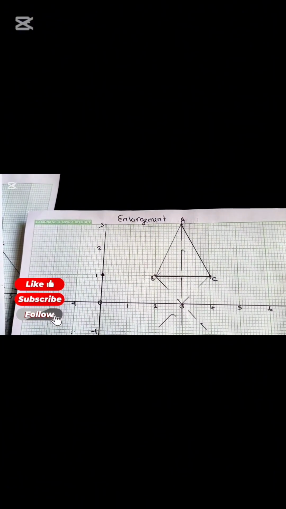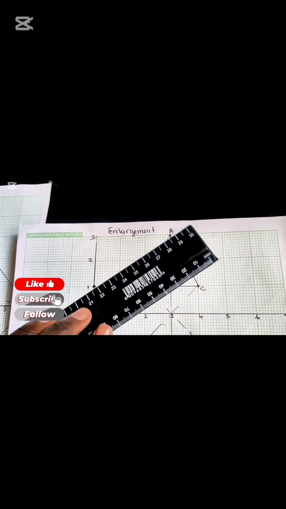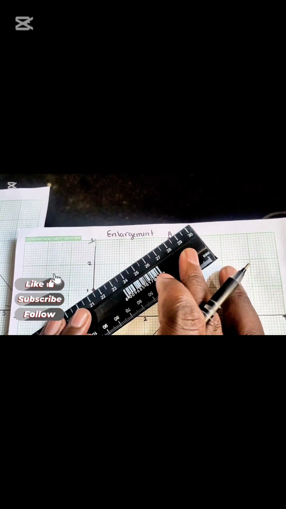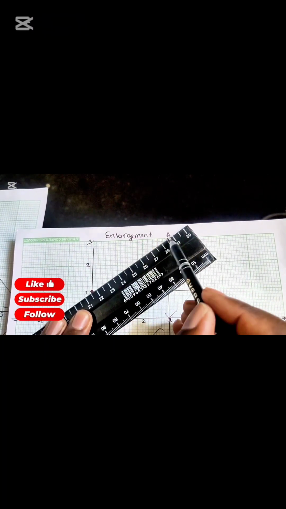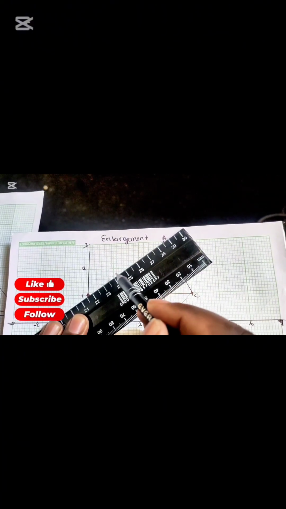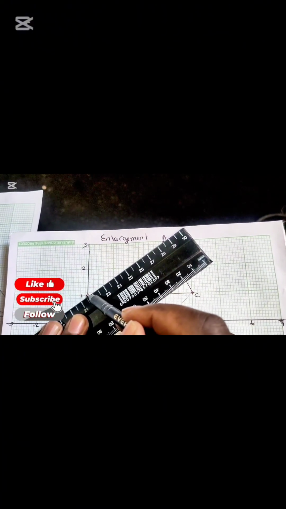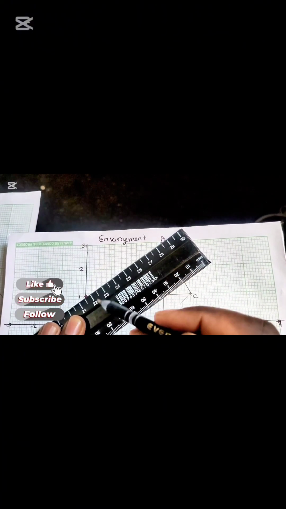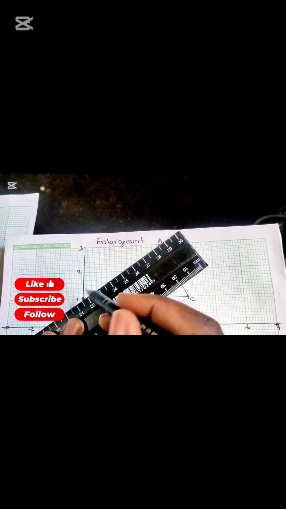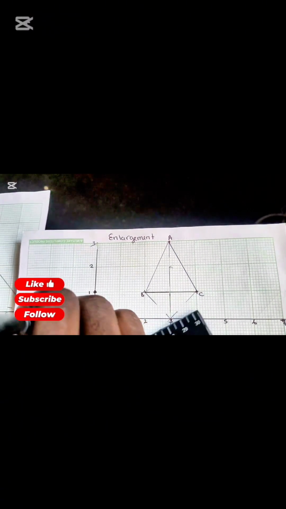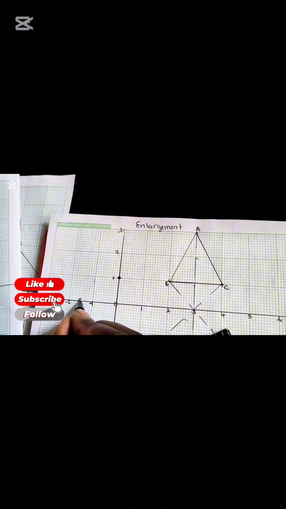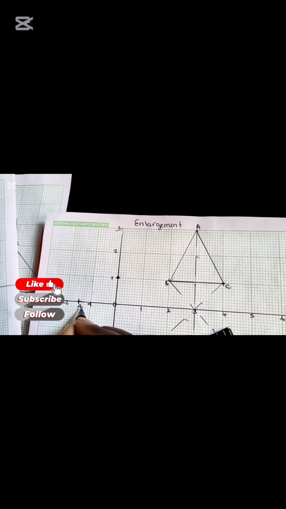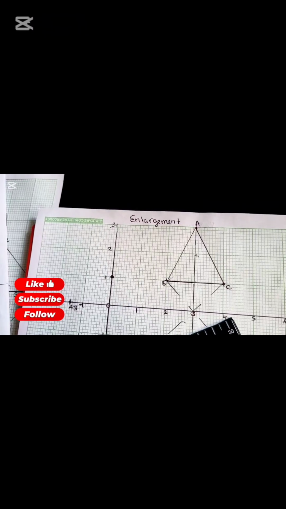We take each point to the center. From A to the center there is 1, 2, 3 boxes, times scale factor minus half. 3 times half gives 1.5. So this point right here is A3. Enlargement is to make things bigger or smaller.